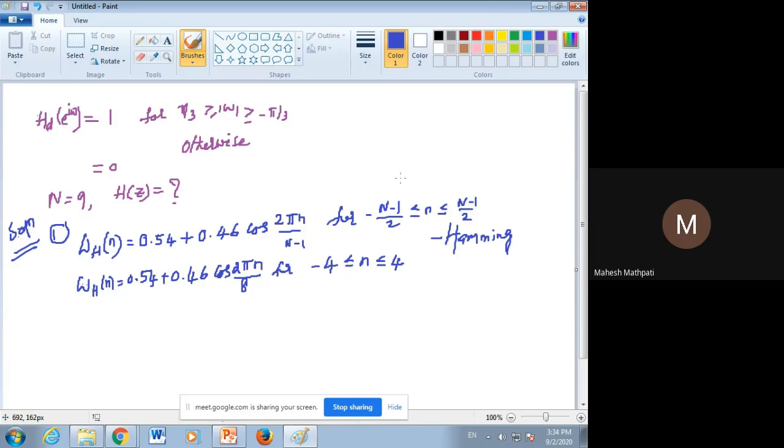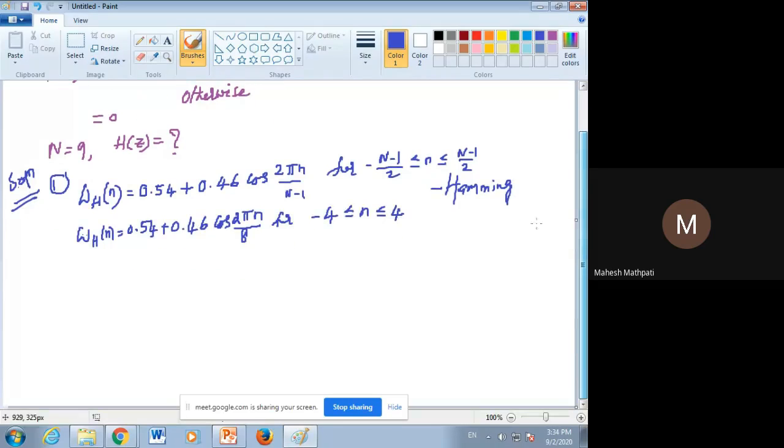Now let us calculate the values of this. First we will calculate for n equals to 0. That is omega h of 0. What is the value? 1. Similarly, calculate omega h of 1 is equals to omega h of minus 1.